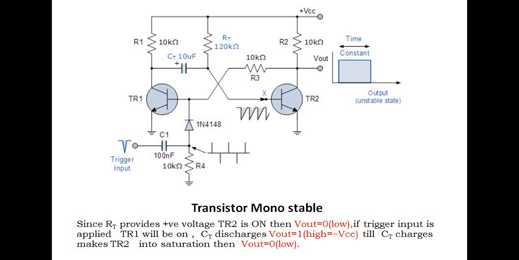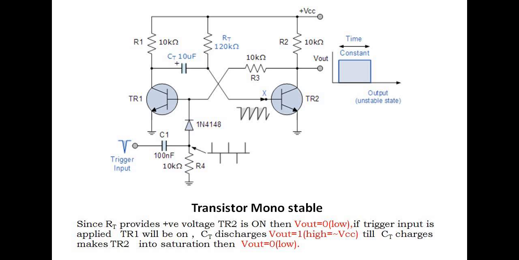As the voltage on the capacitor is changed suddenly from high to low, earlier TR1 is in cutoff mode, the output of TR1 is high, so one end of the capacitor is provided with VCC, and now the same capacitor end is provided with 0 volts.